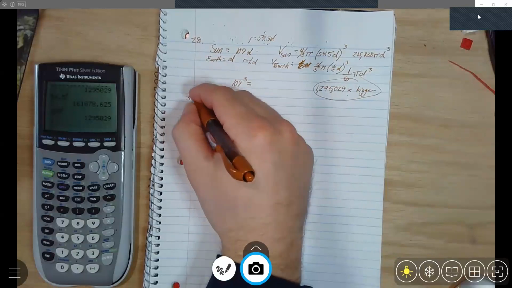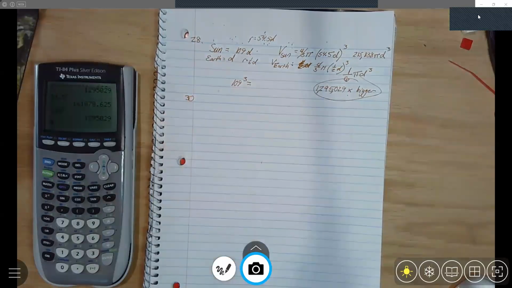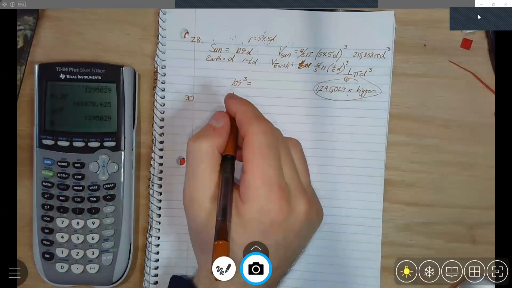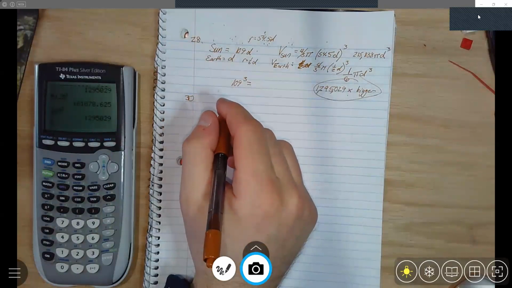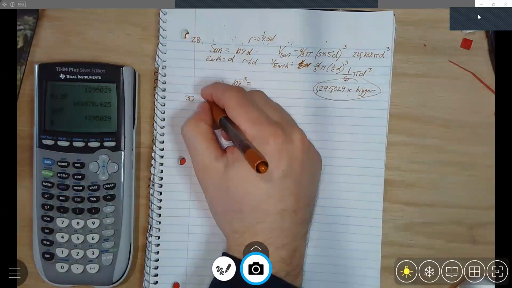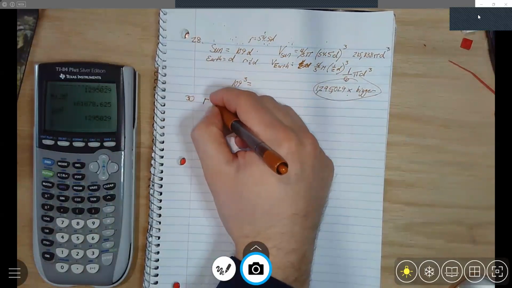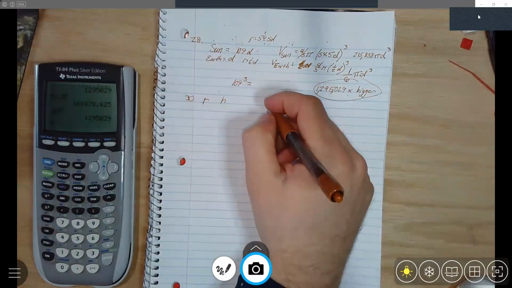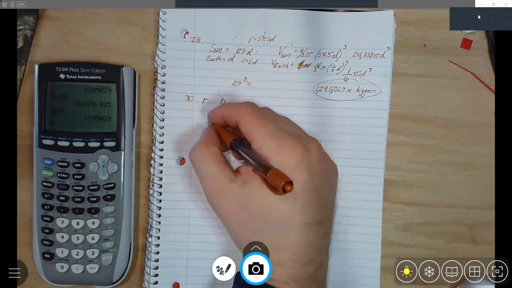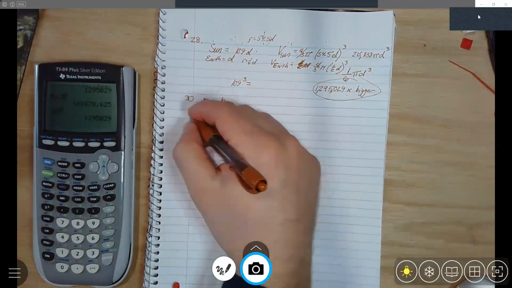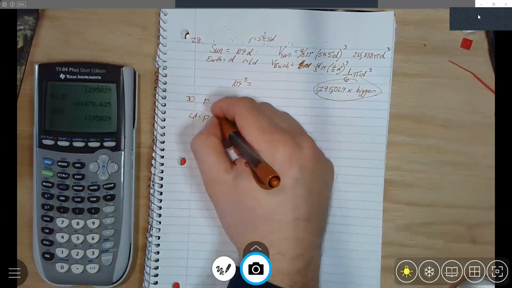Okay, let's do 30. A right cylinder has a base radius r and height h. Find a formula for its lateral area. So we got our cylinder, radius is r, height is h. The lateral area is the perimeter of the base times the height.